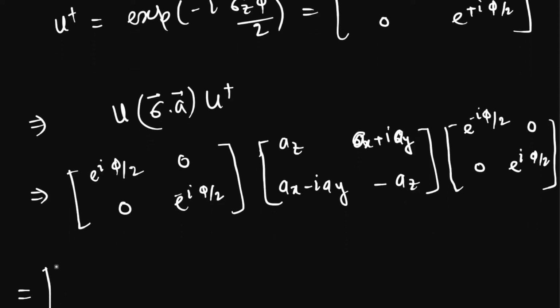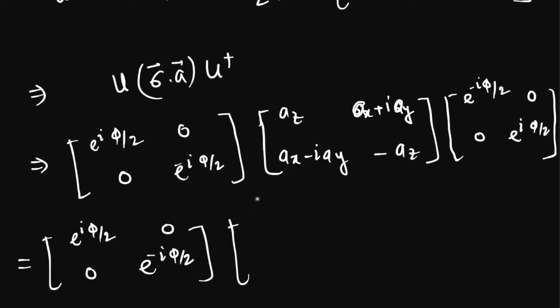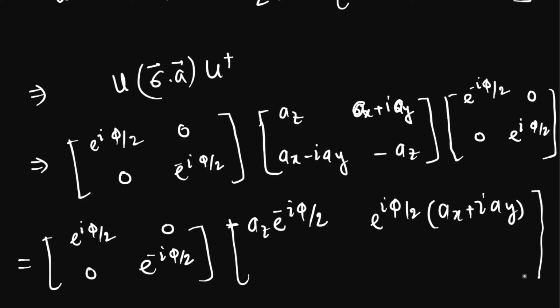That is equal to e to the power i phi by 2, 0, 0, e to the power minus i phi by 2, times az, e to the power minus i phi by 2, 0, 0, e to the power i phi by 2, times ax plus i ay, ax minus i ay, minus az, e to the power i phi by 2.